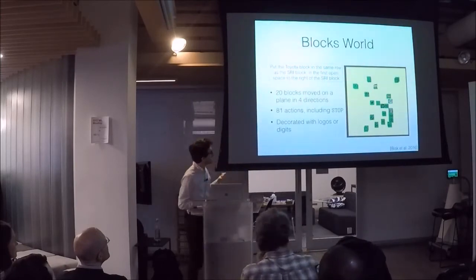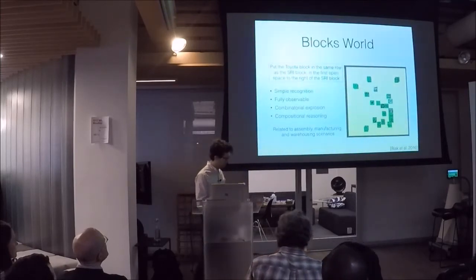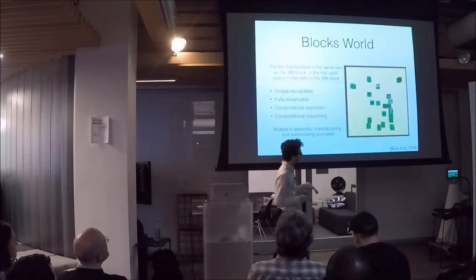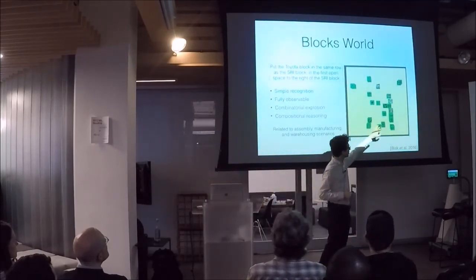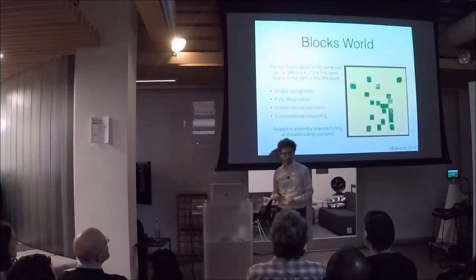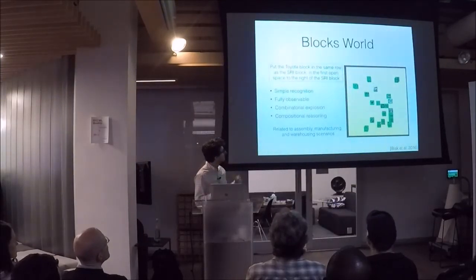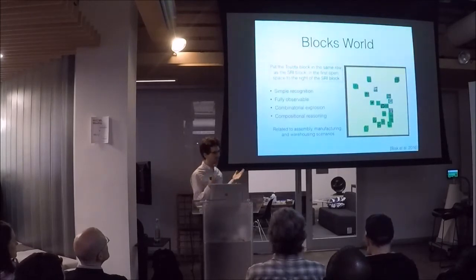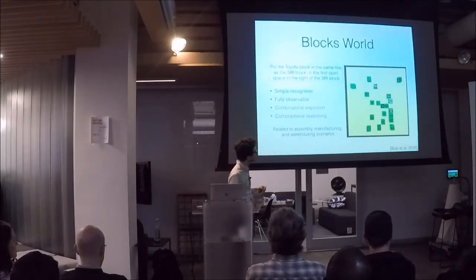Now, this domain simplifies some problems and complicates some others. It's a very simple recognition problem for existing vision algorithms to recognize these blocks. It's a very easy problem. And this environment is fully observable, so you never have this problem of partial observability. Memory is not really a problem here.